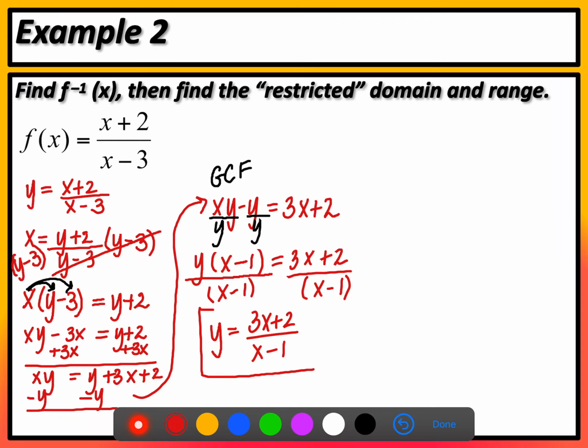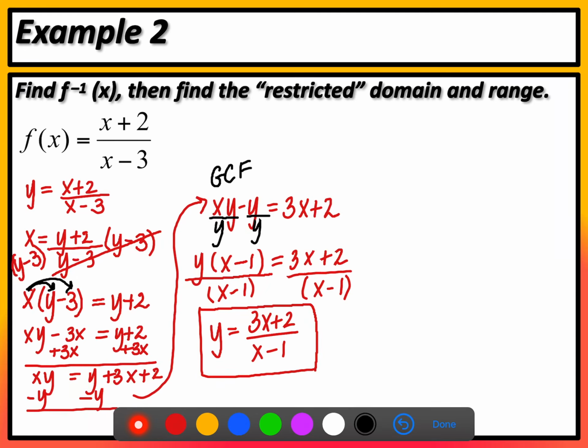Okay, so that is the inverse. So I told you this one was more complicated because it began with an x in both the numerator and the denominator, and you had to get those together in order to actually solve.